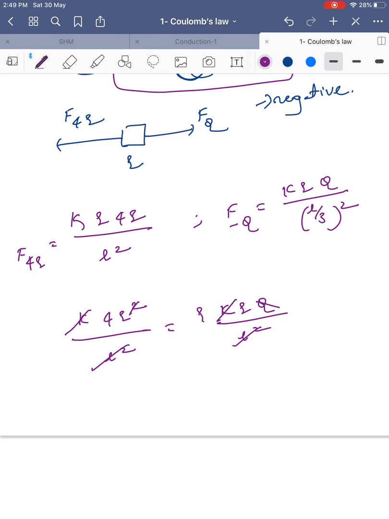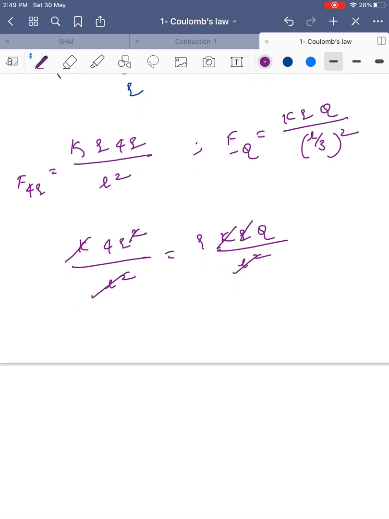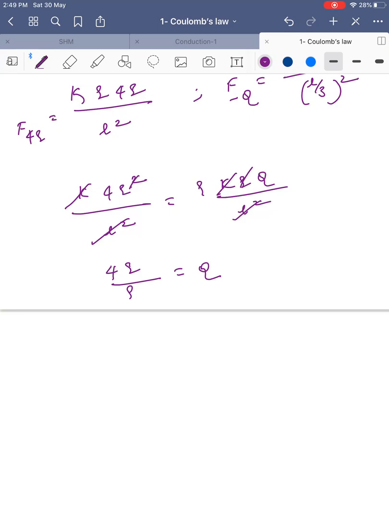Oh, I'm sorry, capital Q doesn't get cancelled, Q does. And the remaining thing: 4Q by 9 is equal to Q, so this is the value of Q.